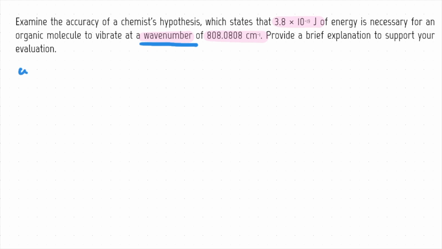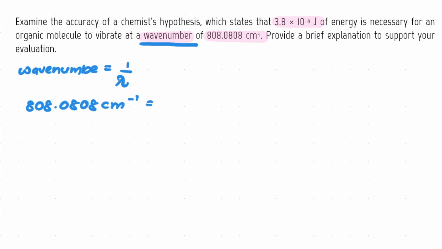So wave number is equivalent to 1 over your wavelength. So given to you is the wave number 808.0808 per centimeter, which is equivalent to 1 over lambda, which is your wavelength.